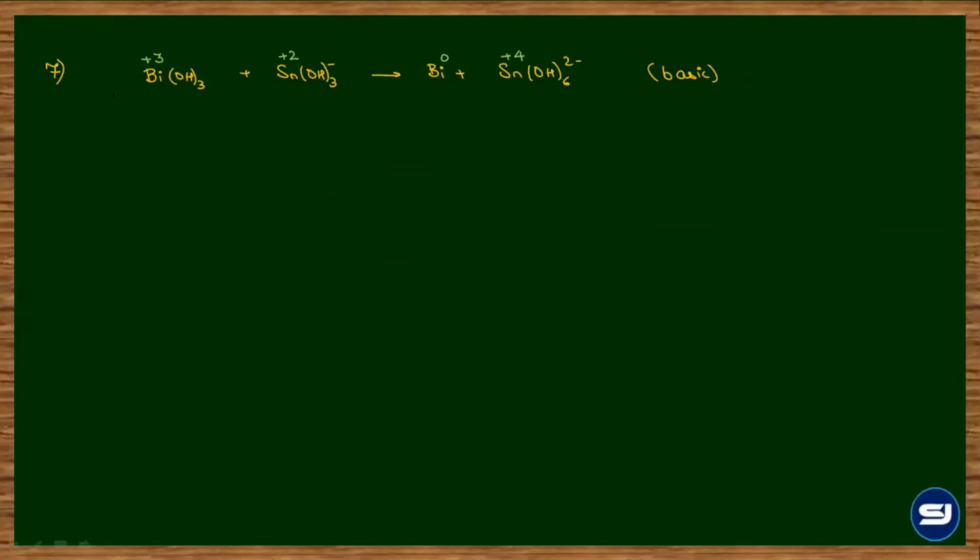Then we move to step number 2, in which we observe that Bi is undergoing reduction and Sn is undergoing oxidation. Okay.